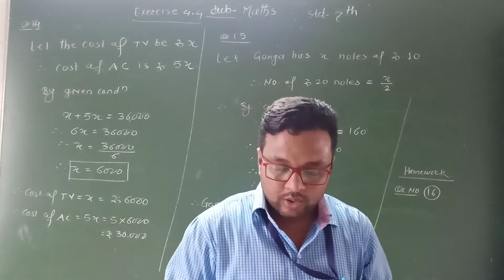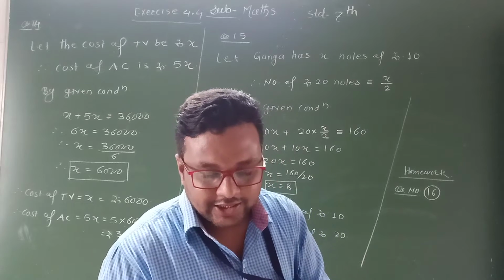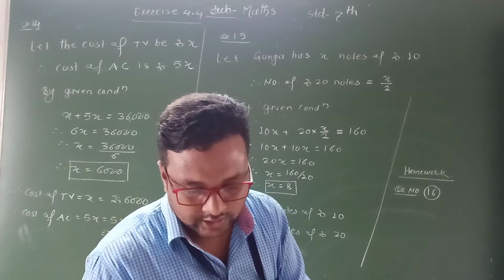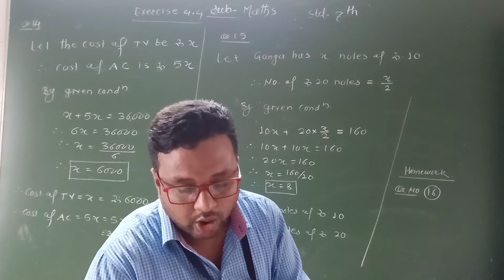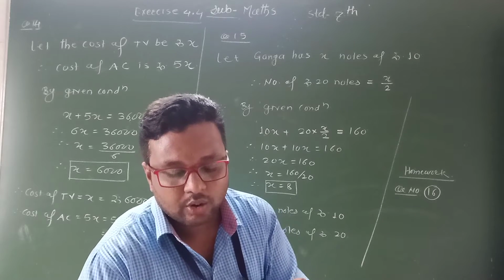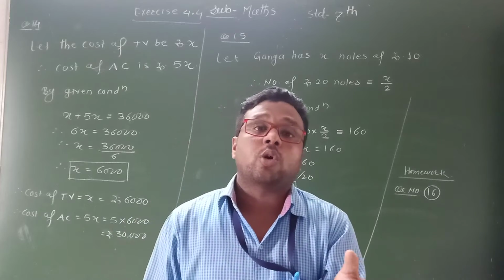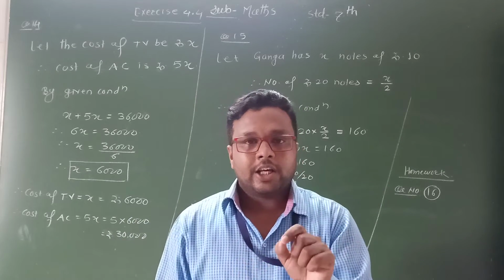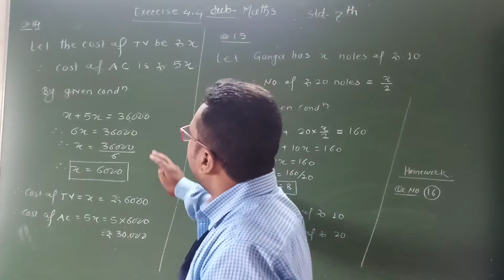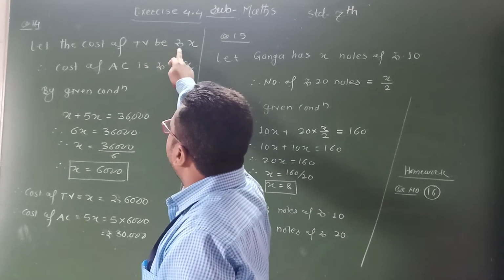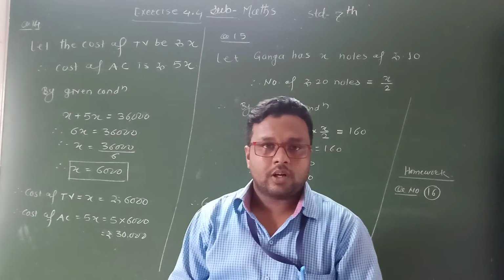Now what condition is given in this question? It is given that the cost of AC is 5 times the cost of TV. This means the cost of AC is given in terms of the cost of TV. Therefore here we consider the cost of TV to be rupees x. Understood?